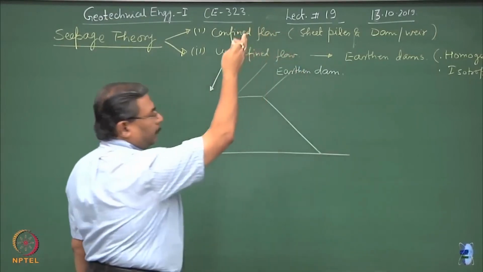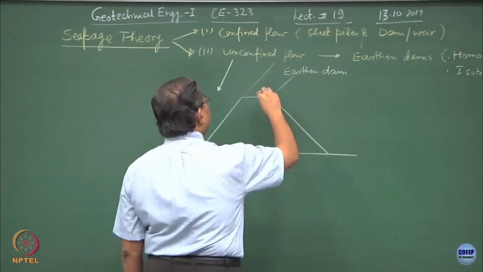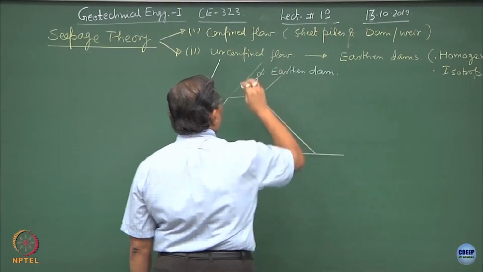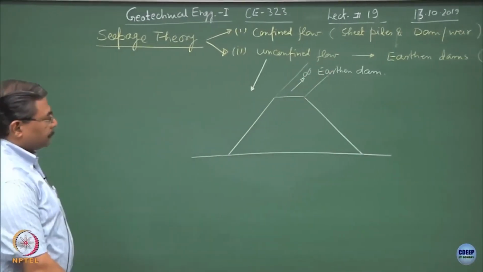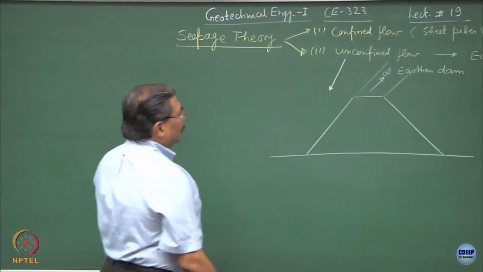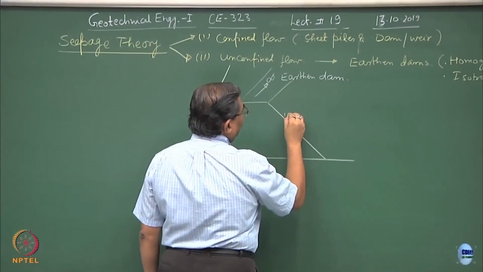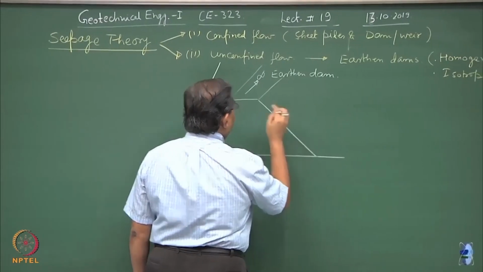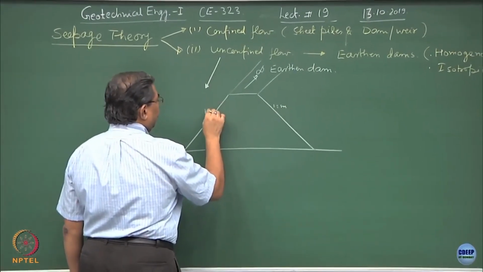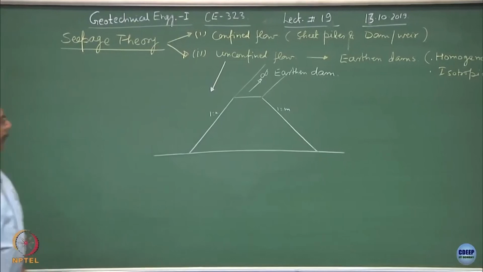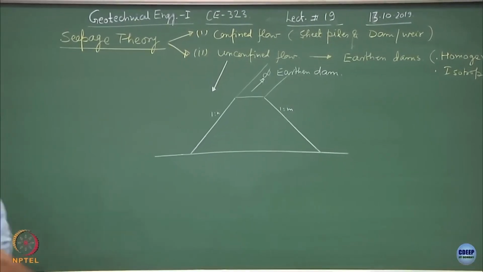This is a third dimension which is going up to infinity into the plane perpendicular to the blackboard. Normally we define the slopes as 1 is to m and 1 is to n, where 1 is vertical and n is horizontal.